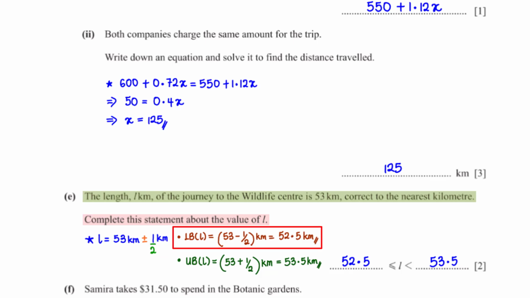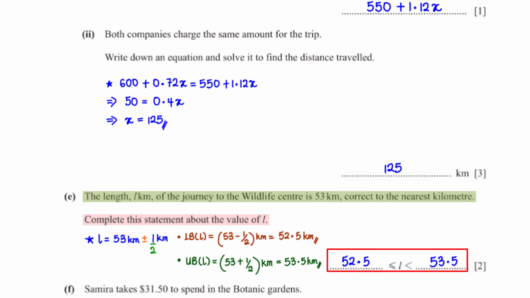The lower bound for L would be 53 minus 1/2 kilometers, which is 52.5 kilometers. And for the upper bound, we have 53 plus 1/2 kilometers, which is 53.5 kilometers. So we have L is greater than or equal to 52.5 and less than 53.5.